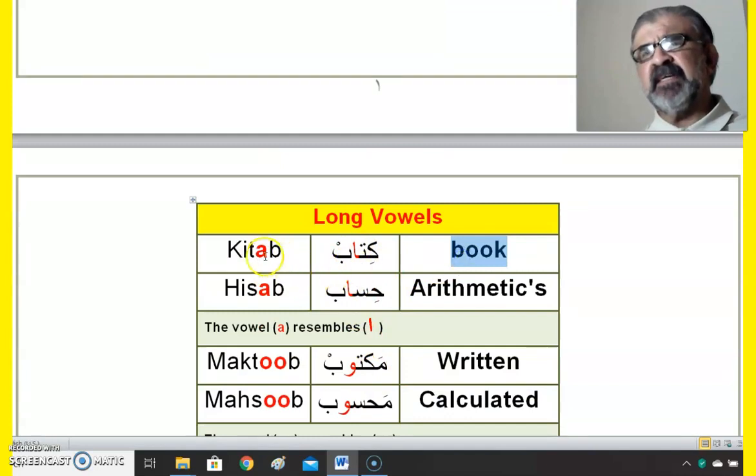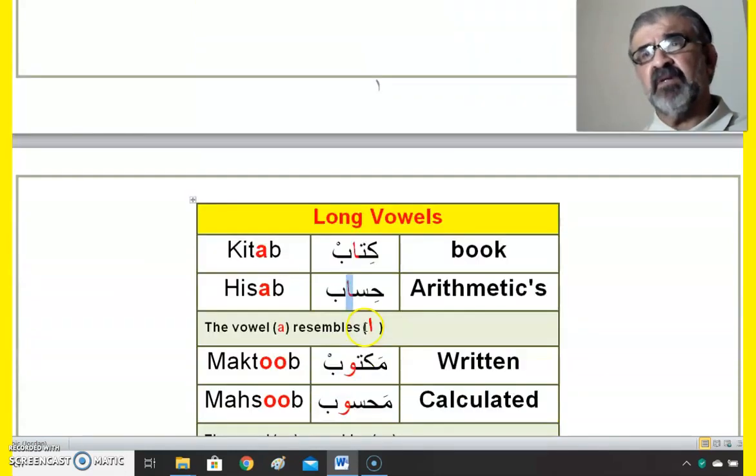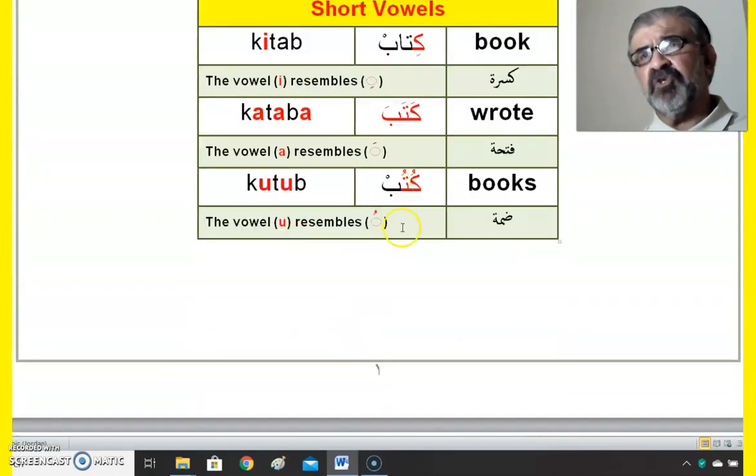books, kitab. Arithmetics, hisab. As can be noticed, this is a long vowel, not like the short vowels.